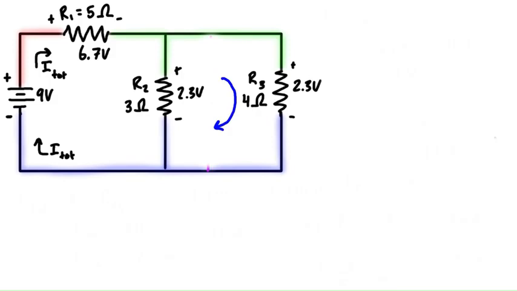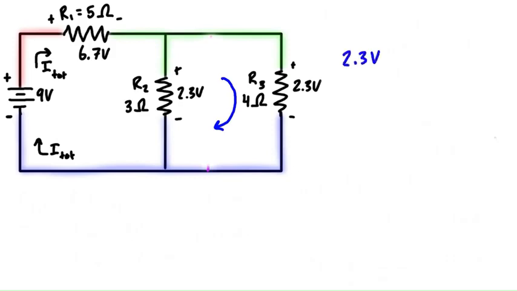So when we look at this, let's start at the point on the green node, and we'll go around the full loop and we'll come back. Now when we enter an element's positive terminal, we add this voltage as a positive. When we enter an element's negative terminal, we add that as a negative, and we sum them all up to 0. And that should bring us to the correct answer. So if we do that, looking at resistor 3, we're going to have a positive 2.3 volts.